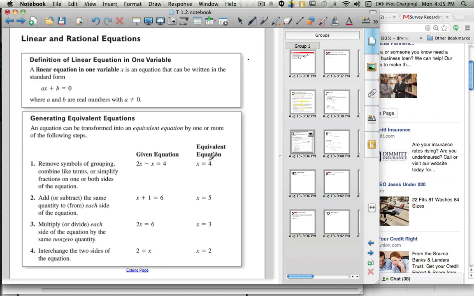And when I actually perform that subtraction, I get an equivalent equation of x is equal to 4. So these are things you've done quite a bit. But we don't always talk about the concept that we're taking an equation and making iterative equivalent equations until we get to our solution, x equals the rest of our equation.